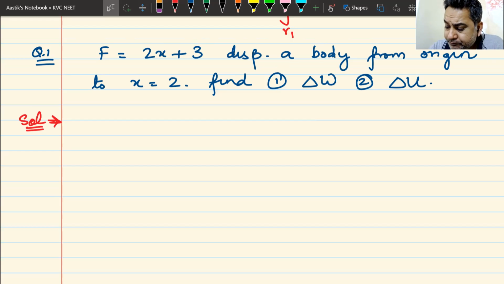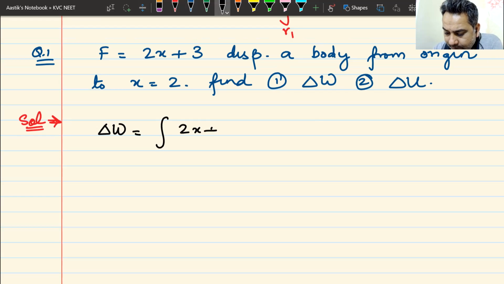Okay, so how we got to do this? It's pretty simple. We just find out the work done. Work done is integral of f, so f is 2x plus 3, into dr. You can write dx because it is only moving along x. 2x plus 3 dx.